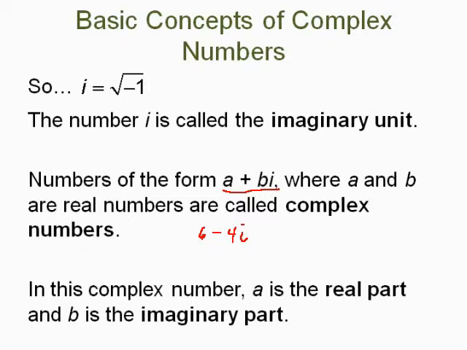Now, just because it's a plus bi form, in this case, a is the number 6, b is the number -4. Or you might have -2/3 minus 7i, where the a number, the real part, would be -2/3, and the b or imaginary part number would be -7.